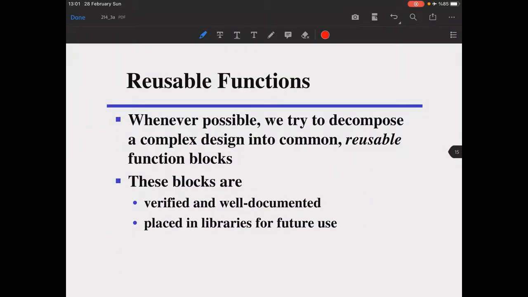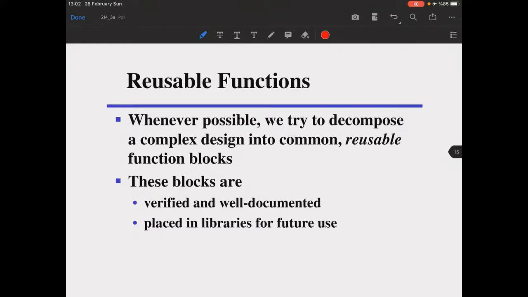Whenever possible, we try to decompose a complex design into common reusable function blocks. These blocks should be verified, well documented, and placed in libraries for future use. I think you do this when you write software, right? Maybe you already have available some login procedures, some basic data structures, some functional blocks.